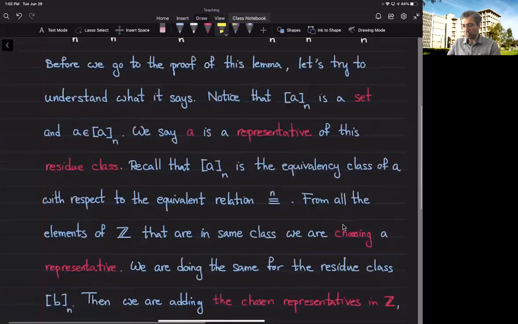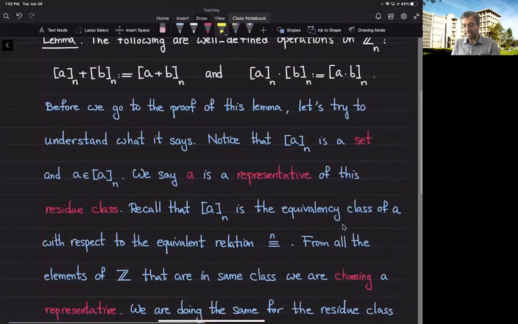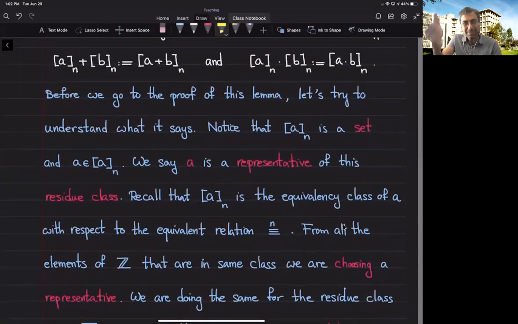You see, this residue class notation is not just one element, it's a set. The element A is an element inside this set. This residue class is an arithmetic progression. A is one of the elements inside this arithmetic progression. We say A is a representative of this residue class.